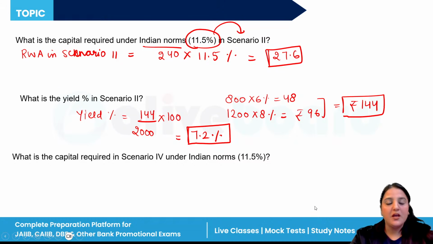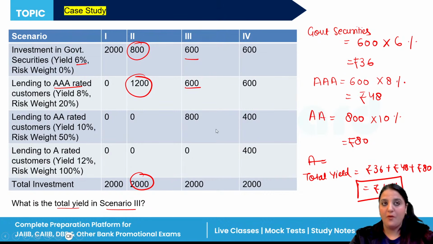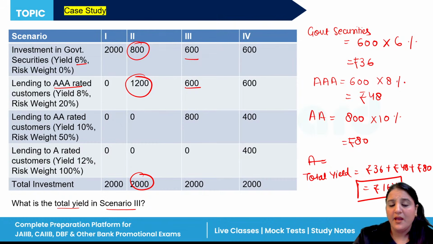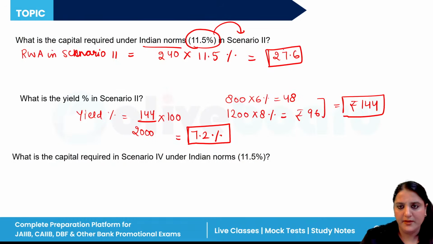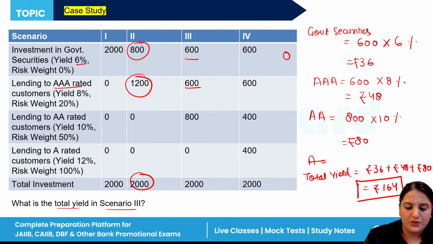Now, fourth question. What is the capital required in scenario 4 under Indian norms, 11.5%? Simple. We have to calculate the risk weight asset. Here it is 0. Then 20% of 600 is 120. It is 200, and here 400.